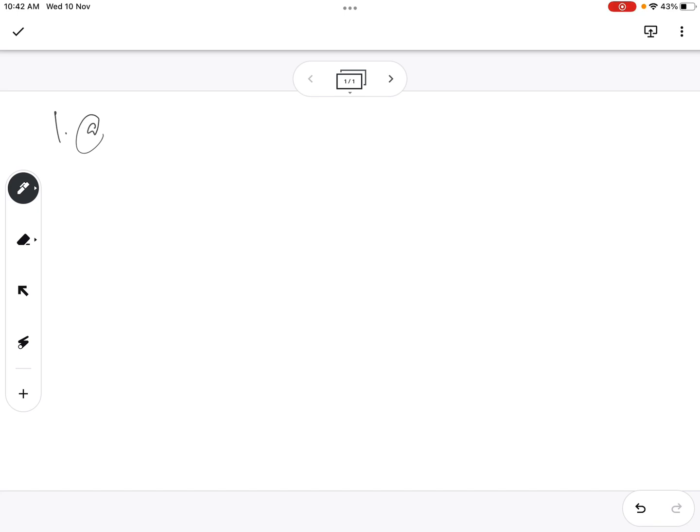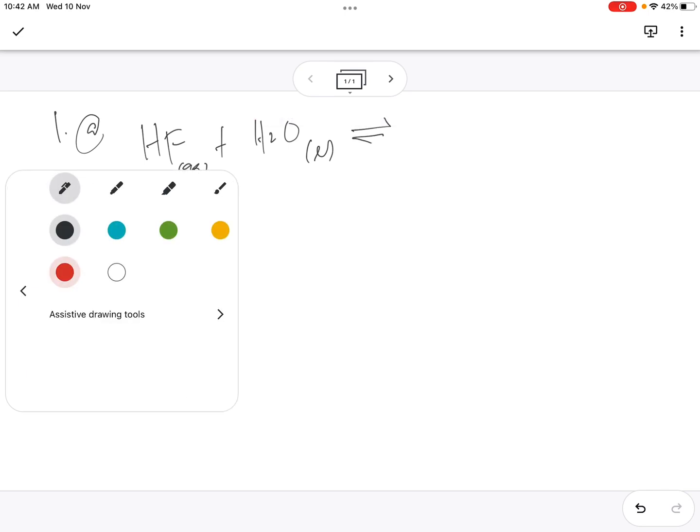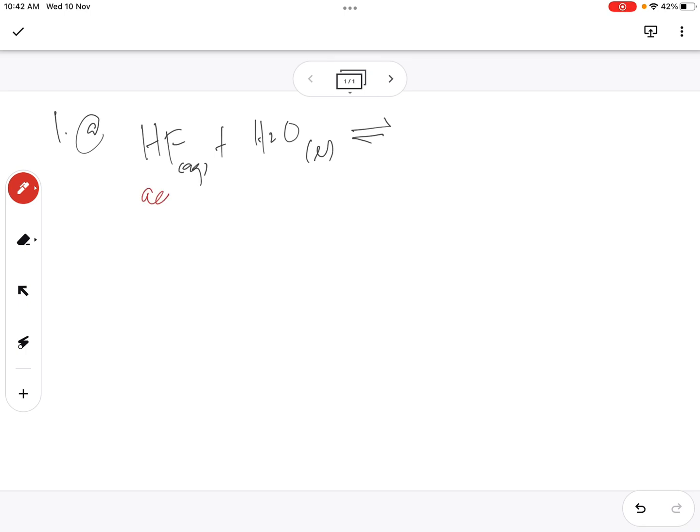First of all, for this type of question, the important thing is to write the equation. Hydrofluoric acid plus water, this is aqueous, this is liquid, in equilibrium with... we must know HF is an acid.